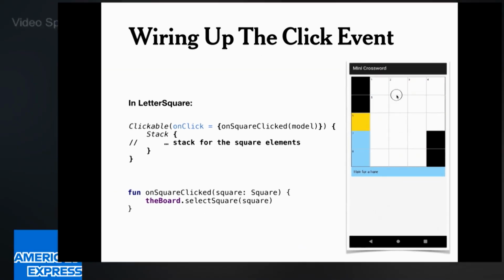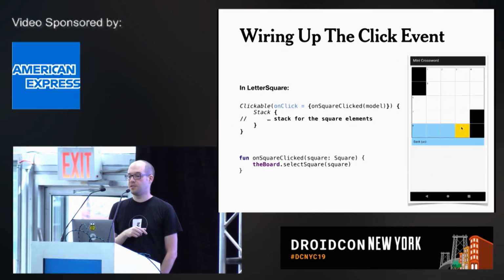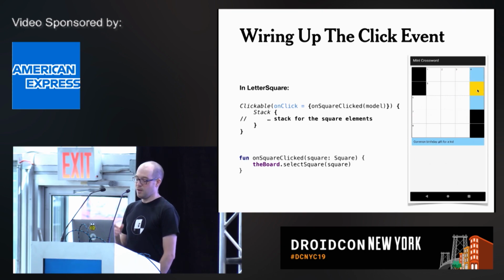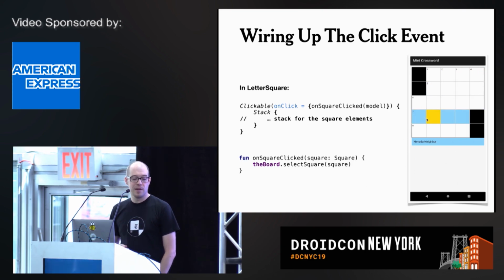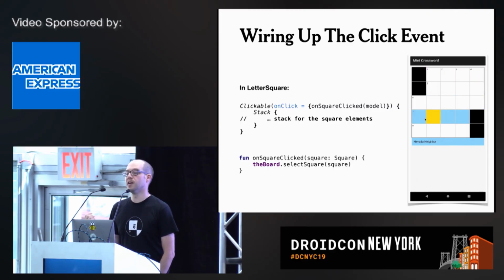And then when the square is clicked, that selectSquare method we just showed in the board gets called. Now I'm navigating the board, and every time you click, we've alternated from one direction to the other, and it's working. We're navigating the board. That's pretty cool. But we still can't fill anything in.